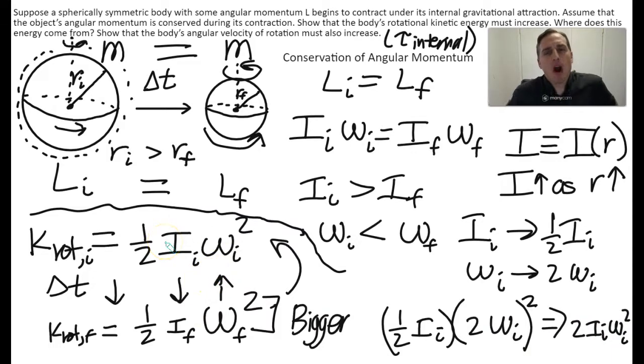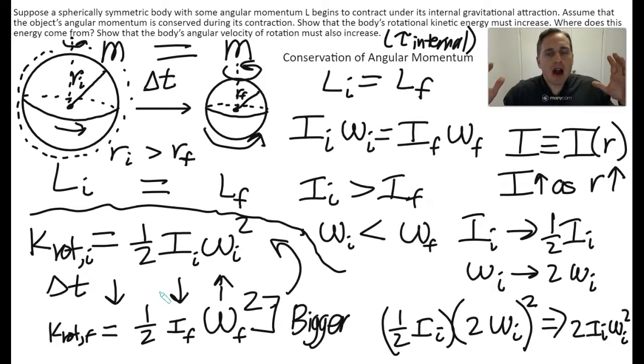And let's think about why that is. If you bring the mass inward via gravity, then the moment of inertia decreases, the angular velocity increases. But the angular velocity is quadratic in the kinetic energy equation, whereas the moment of inertia is only linear. So what that means is, as the radius decreases and the angular velocity increases, the kinetic energy starts to go up substantially.